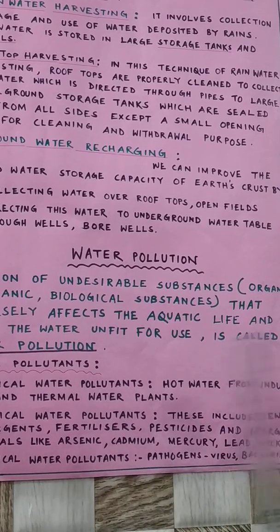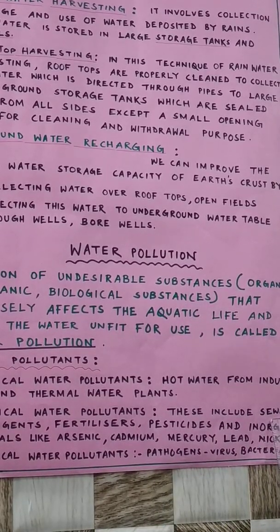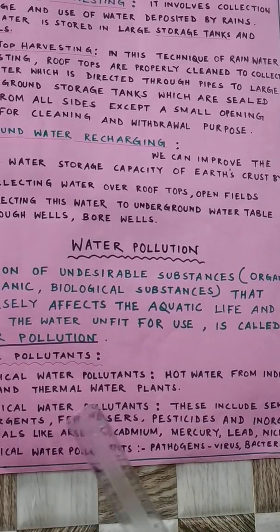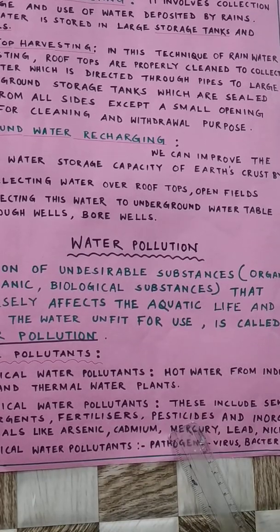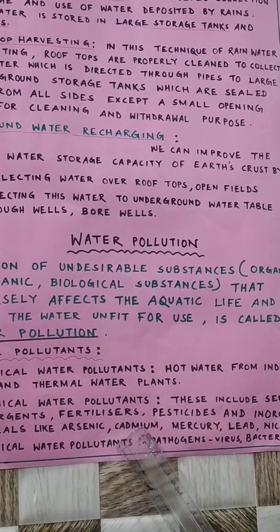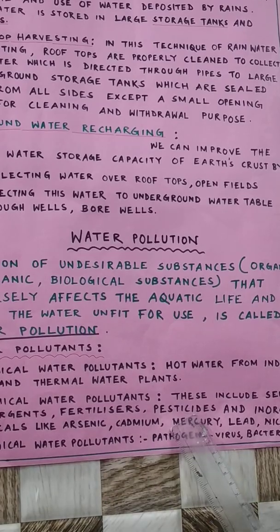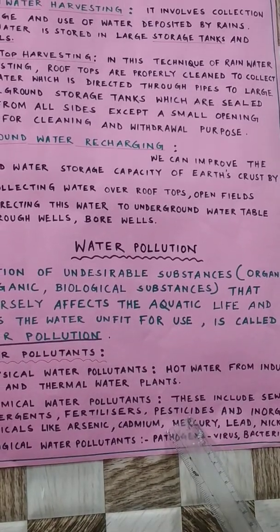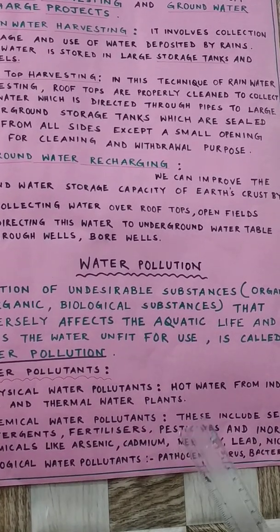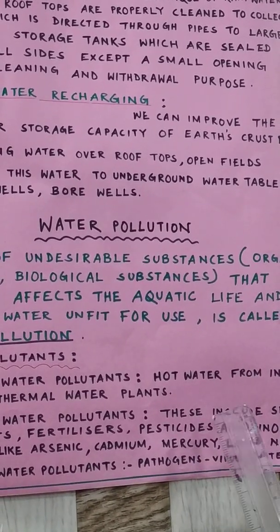These chemical water pollutants are sewage, meaning dirty drain water coming from each household, detergents, fertilizers, pesticides, or inorganic chemicals like arsenic, cadmium, mercury, lead, nickel. When fertilizers and pesticides are used in the crop fields, after heavy rainfall they are washed down into the river bodies, making the water polluted.